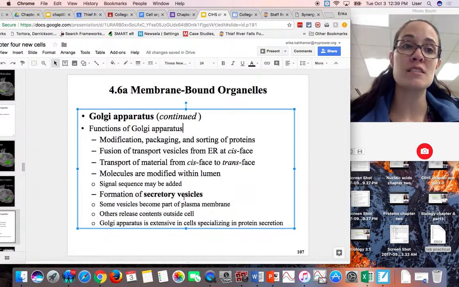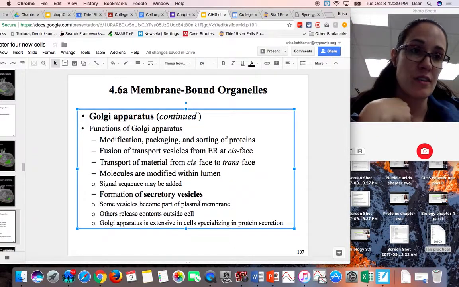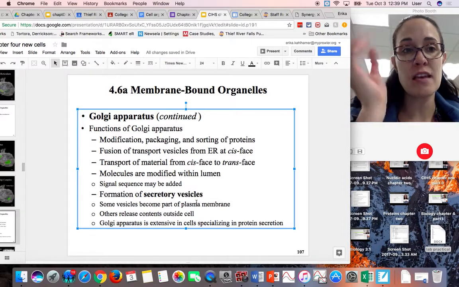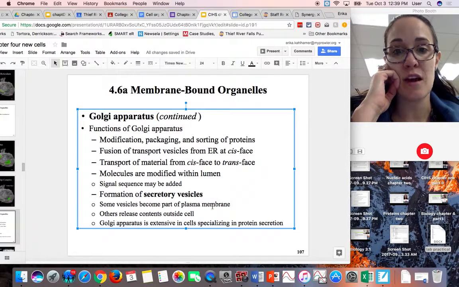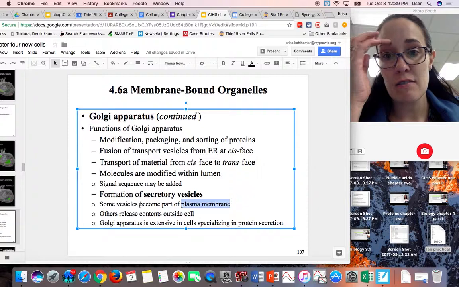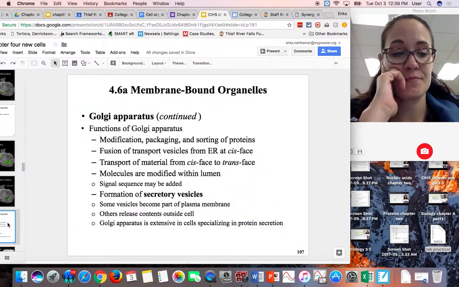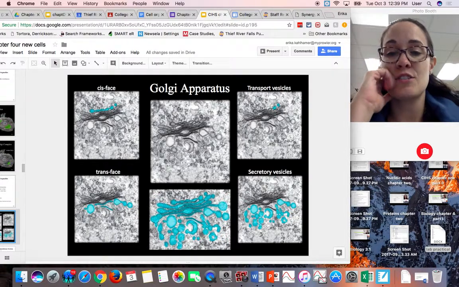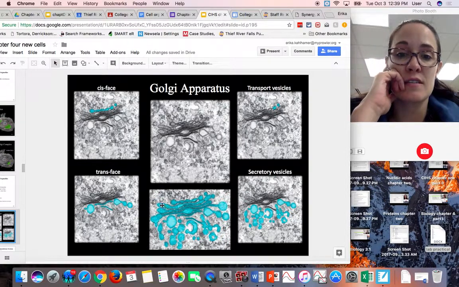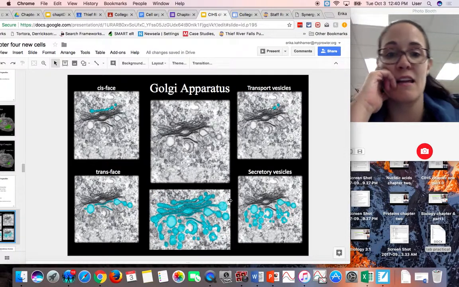And how it releases the proteins, again, is in vesicles, secretory vesicles that usually take that protein out of the cell. So the vesicles become part of the plasma membrane and the contents are released outside the cell. This just shows the Golgi apparatus underneath the microscope, the cis and trans, and again, everything Golgi apparatus is highlighted in blue.